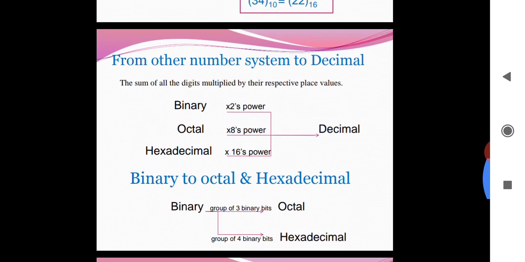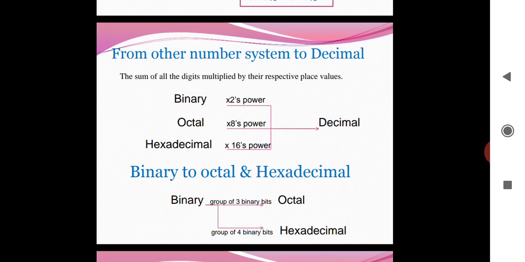In another part, a reverse procedure, vice versa, means if a number is given in another number system like binary, octal, and hexadecimal, how to convert these numbers into decimal? So again the reverse procedure: the sum of all the digits multiplied by their respective place values.